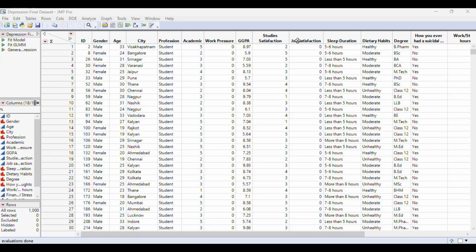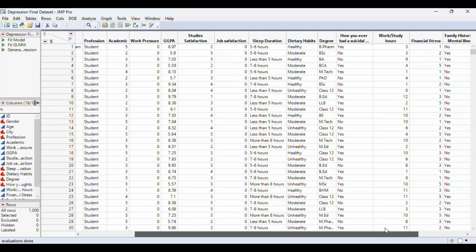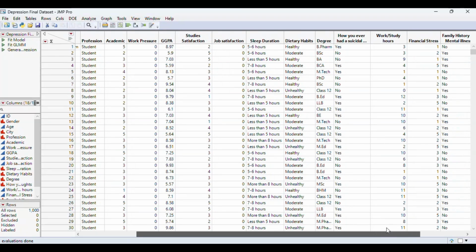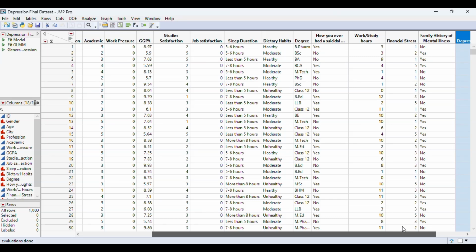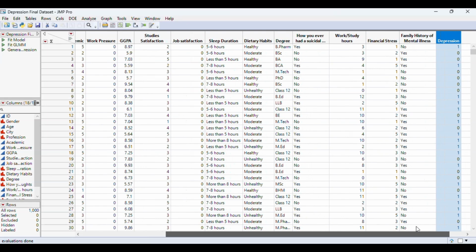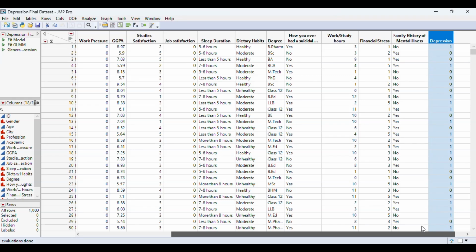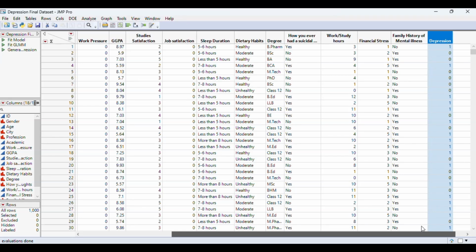Also study satisfaction and job satisfaction, sleep duration and diet habits, and degree. Also whether the person has experienced suicidal thoughts, the work and study hours the individual is pursuing, financial stress, and the family history of mental illness.